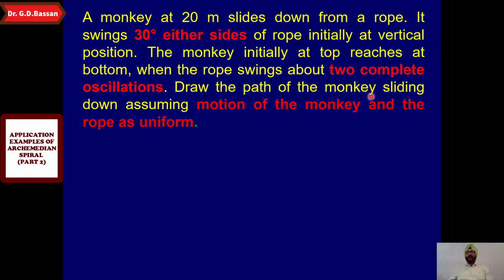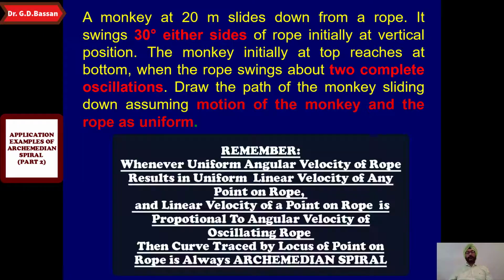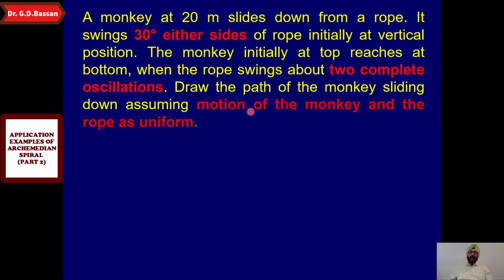Draw the path of the monkey sliding downward, assuming motion of the monkey and the rope as uniform. So here in this example, the motion of the monkey is linear motion and the rope is in oscillating motion. Both are uniform, and that is why it is called the Archimedes spiral. Now this same type of example can be asked in a number of different ways.